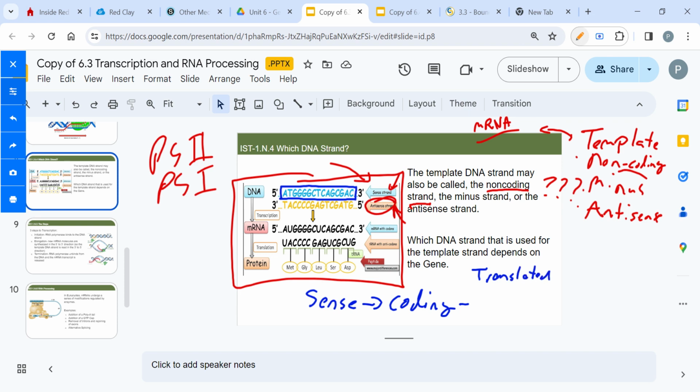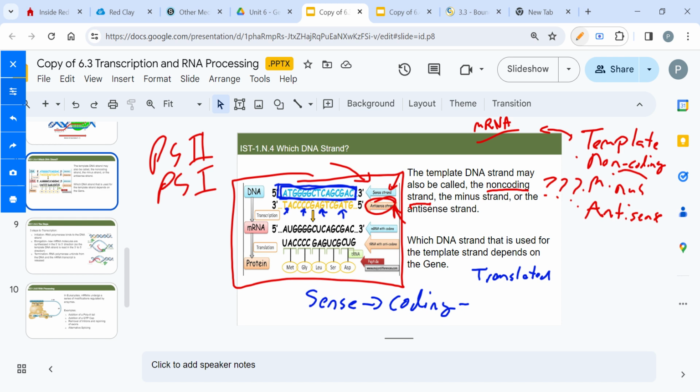Again, you have these complementary base pairs, which is why we have these stitched onto it, so I can get my double helix structure down. But your goal is to make this thing right here. So that's why we call it the sense strand, the coding strand, the non-template strand, which just throws me so off.